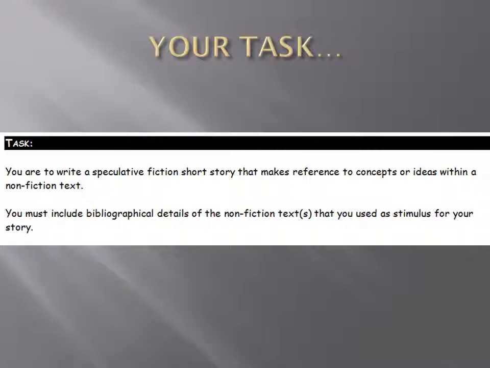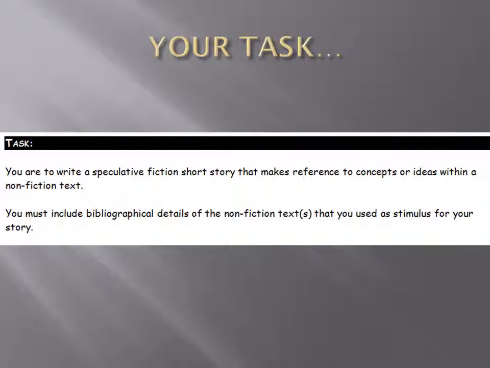So if you're able to find something that can help you develop the theme better, or to help your readers empathize with the situation more easily, then that's going to make it a better story.